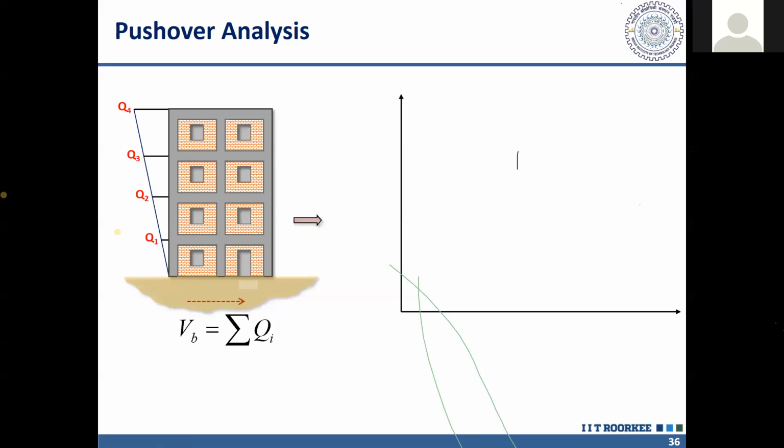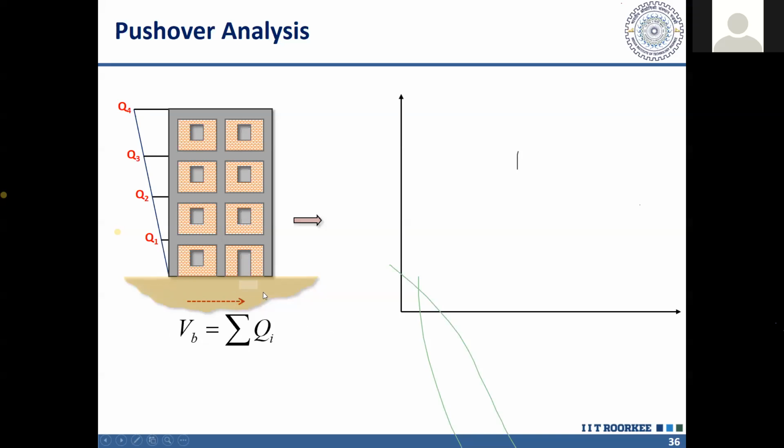But you know that in case of earthquake, the fundamental mode has the maximum contribution. So we can roughly assume this load to be varying in proportion to the fundamental mode in that direction. So we distribute this base shear, and we take an arbitrary value of base shear to start with. We distribute it along the height, and then we analyze this.